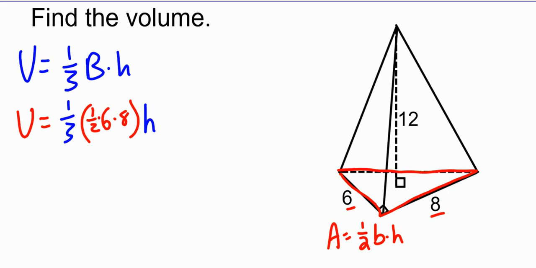Well, the height that we're going to work with is the true height. We are not going to work with the slant height when it's volume. So the true height is 12, and then we punch all this into our calculator. 1/3 times 1/2 times 6 times 8 times 12 is 96.